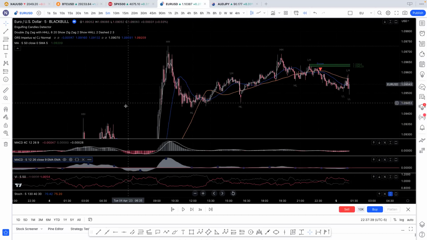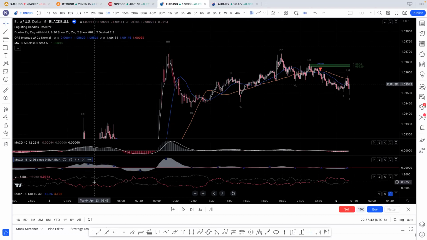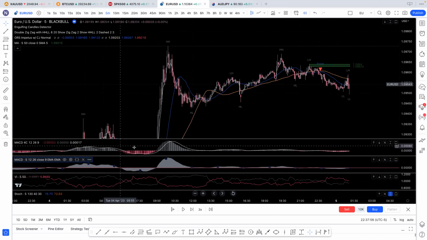So overall, I have 1, 2, 3 of those things that I'm going to be looking at today, which is my overall analysis time frame. And then the other 2, the ORS impetus as well as this MACD 4C, are on the chart for my entry time frame.